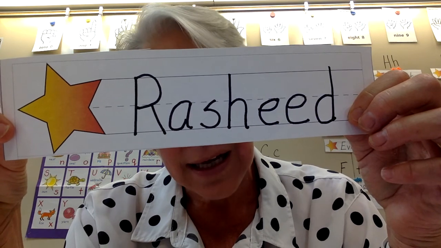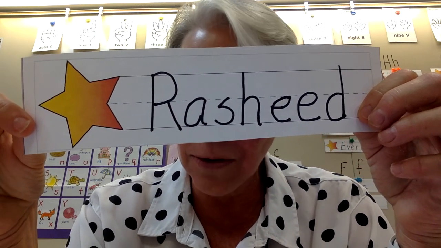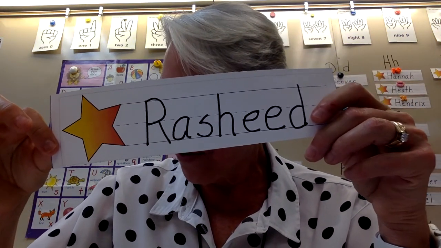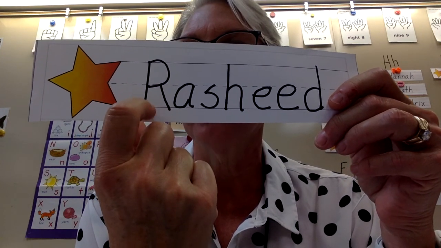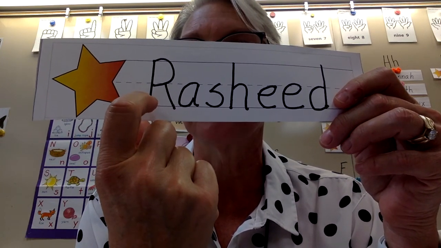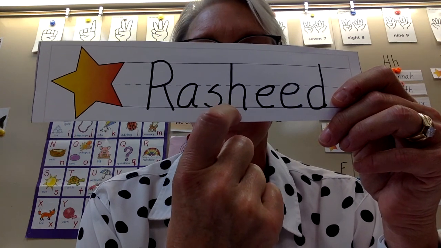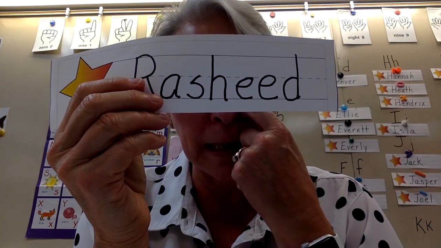We've seen little words inside of the big words. We've seen other things too. Then we use the sounds. So we said, oh, for ra, I know other words that start with ra. Run, rat. For H, I know other words that start with H. Huck, hat. D, I know other words that start with D.